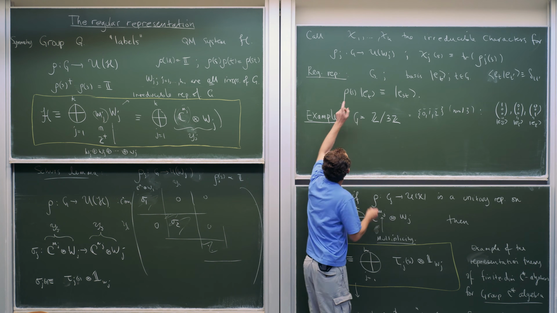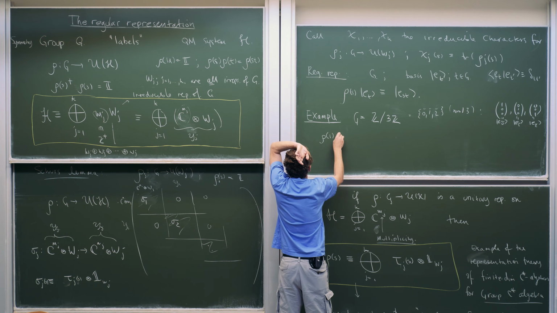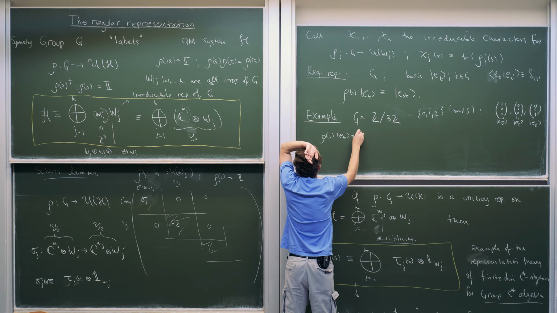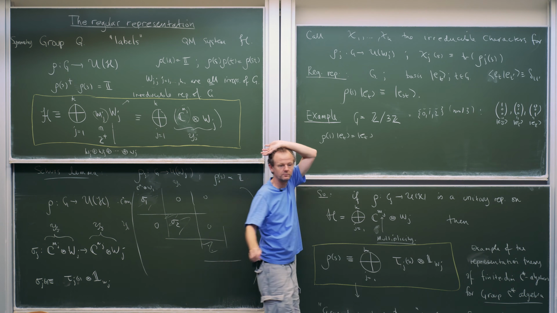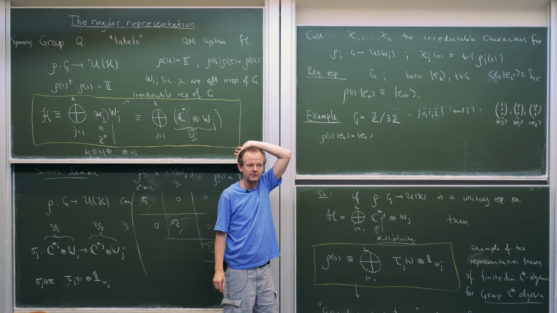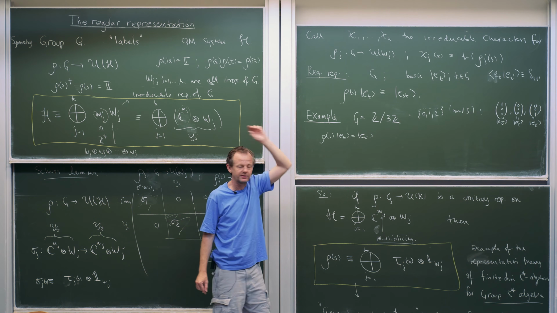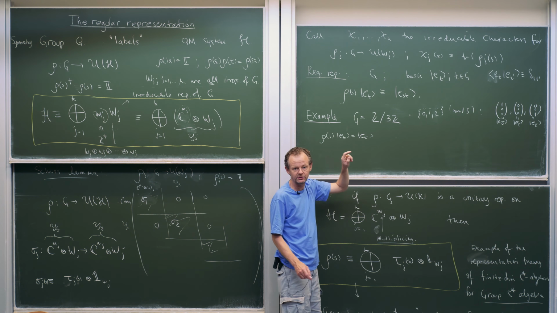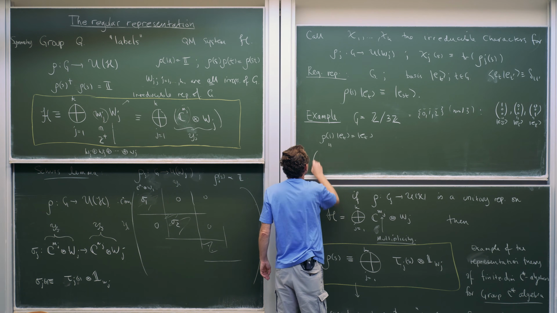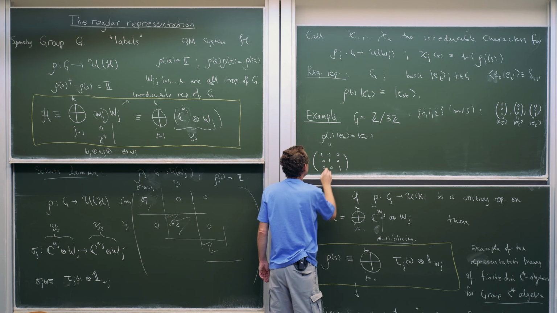Well, per definition, right, let's do the identity, that's the easy one. So what matrix leaves the basis vector unchanged? Well, we know the answer. It's 1, 1, 1. It's the identity.